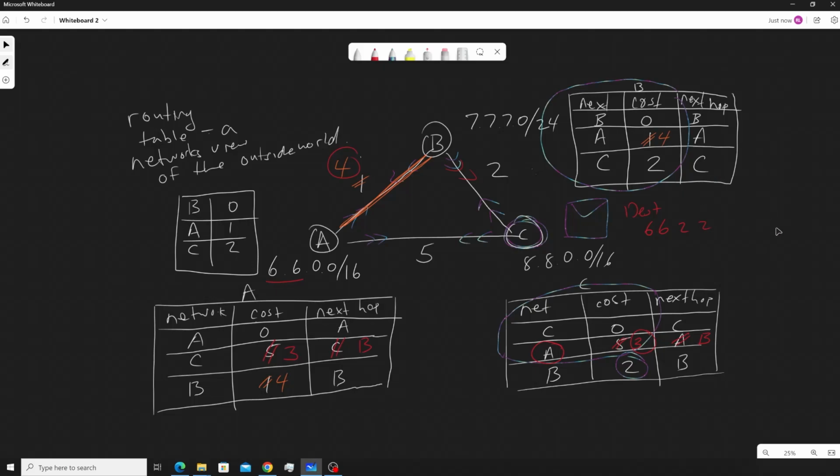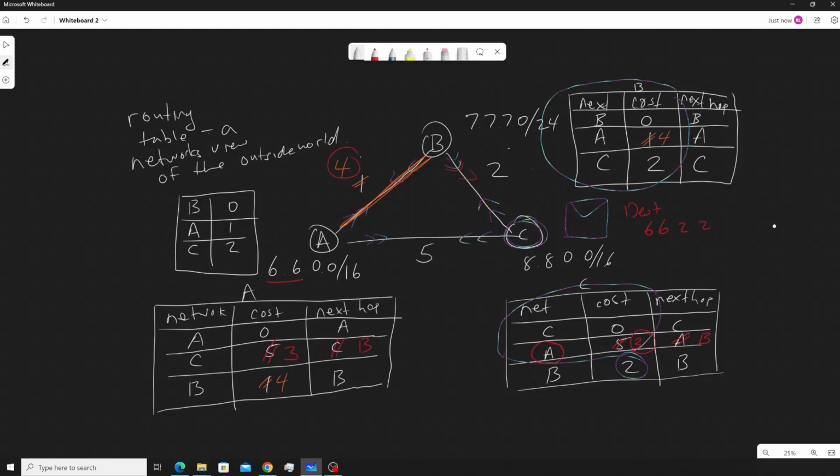So the limitation for this one-dimensional table example is that essentially it doesn't remember any of its past information. So it doesn't really work well when edge costs suddenly go up.